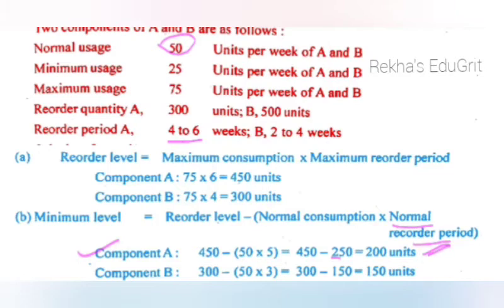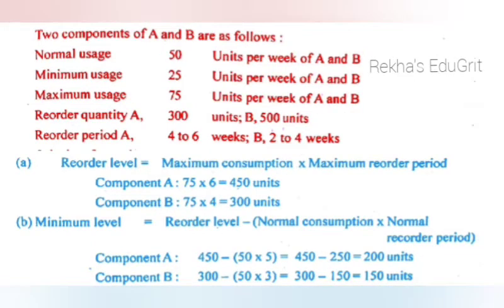Next, for component B, the normal consumption is 50 and the normal reorder period is 3. So 50 into 3 will get 150. Then we subtract this from the reorder level, which we have calculated here as 300. So 300 minus 150 will get 150.